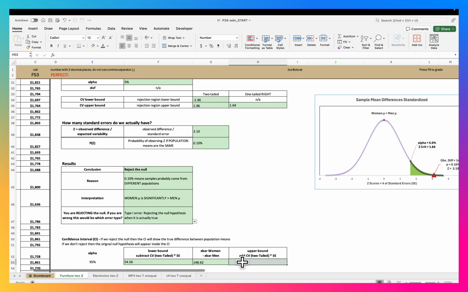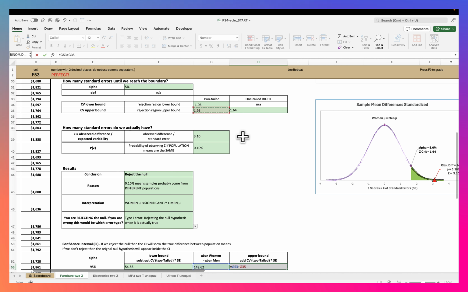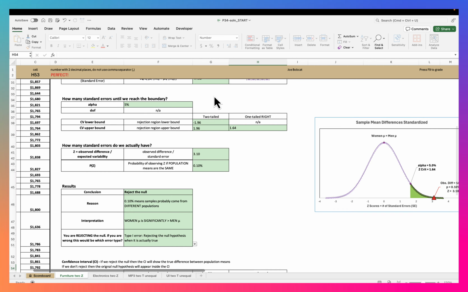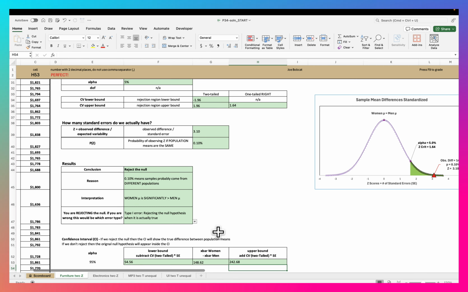And then on the other end, we're going to take that value and add the positive two-tailed test upper limit times the standard error. All right, so this is our range.